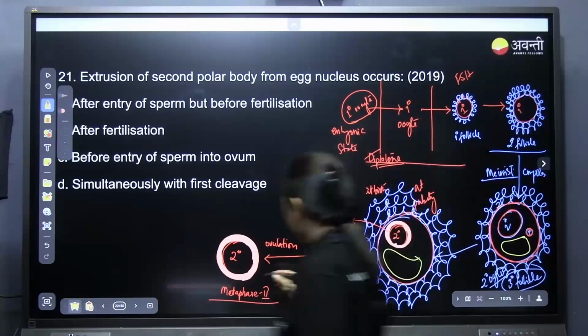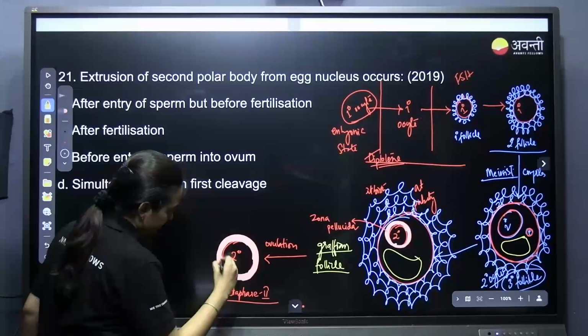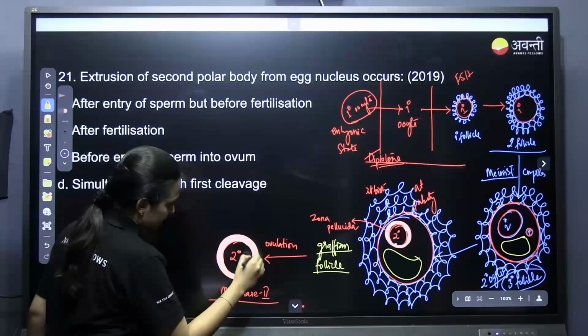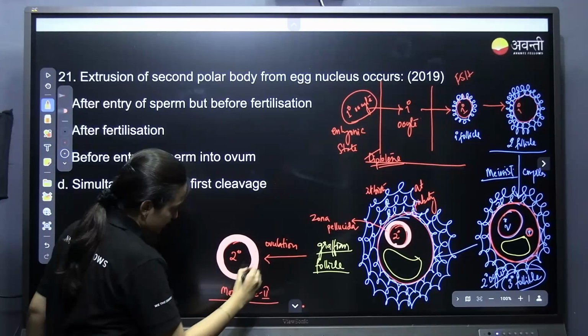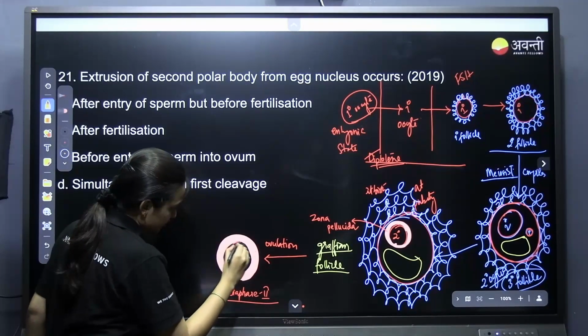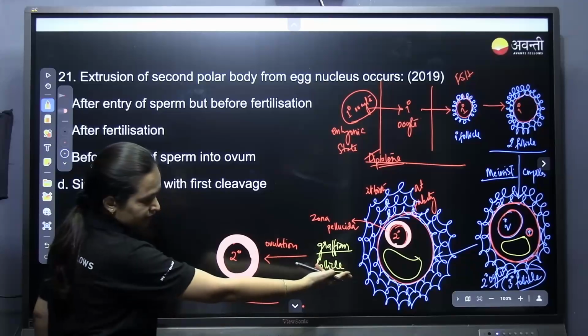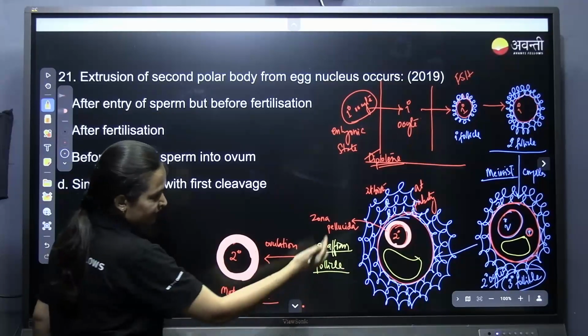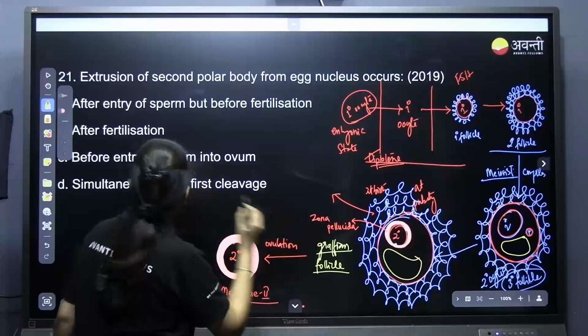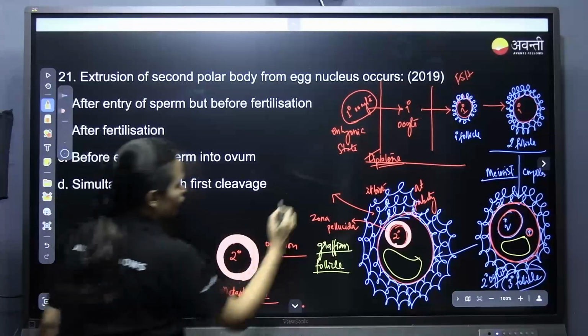So here the secondary oocyte, this is not ovum yet, this is just a secondary oocyte, which is being released out of that Graafian follicle. This Graafian follicle will go and become the corpus luteum.